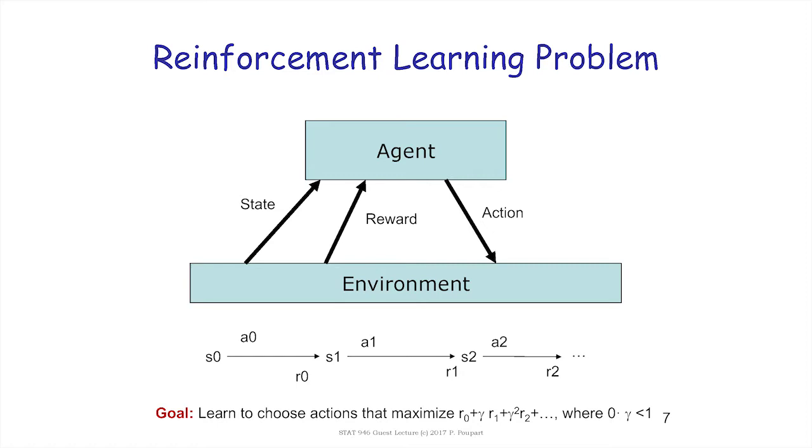If it's in a data center, in terms of optimizing energy, then it might be various controls with respect to different parts of a system that regulates the temperature, ventilation, and so on. And then the environment is going to be affected by this choice of action. If it's a game, then when you select a move, perhaps there's a board configuration that changes as a result of that.